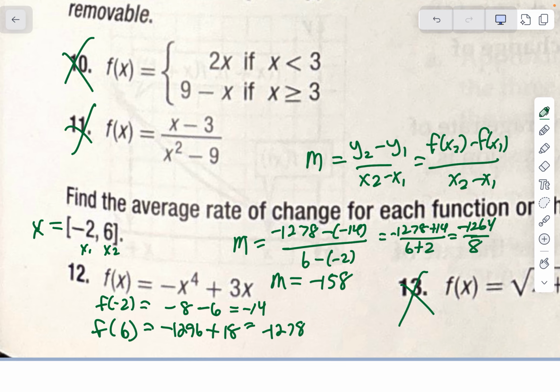Because the graph is not a line, finding a slope is weird, but it is just the average rate of change between those 2 points. So if you were to connect those 2 points, what's the slope of that line? And it's negative 158. So the one must be much, much higher than the other. Okay, so that is average rate of change.